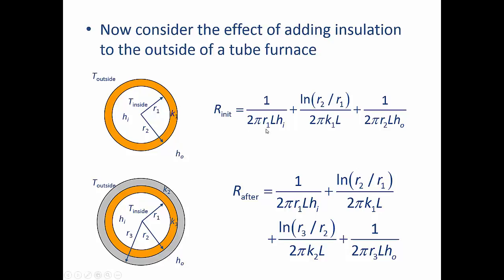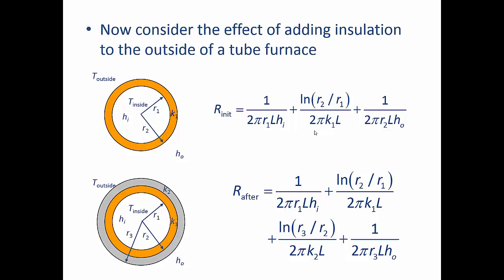The thermal resistance in this particular case will be given by two terms that relate to convection, and note of course the convective terms are both of the form 1 over HA, but A is of course 2 pi appropriate radius, in this case because it's the inner one is R1, times L.